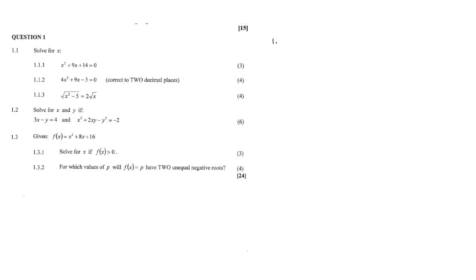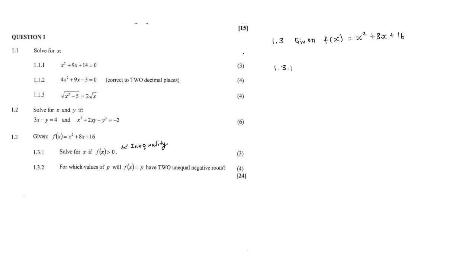Okay, question 1.3. For question 1.3, we are given a function, f of x is equal to x squared plus 8x plus 16. Question 1.3.1, we need to solve for x if f of x is greater than 0, right? This is an inequality.